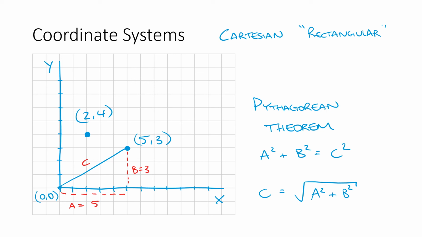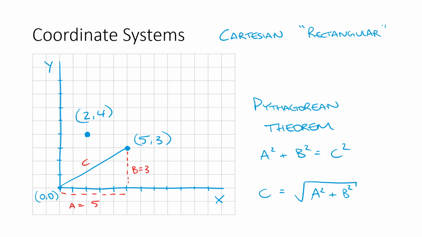So let's step back from this. Let me draw the rest of this triangle. We have the base that is a length of 5. I don't have any units on this graph. That's the first thing wrong with it.